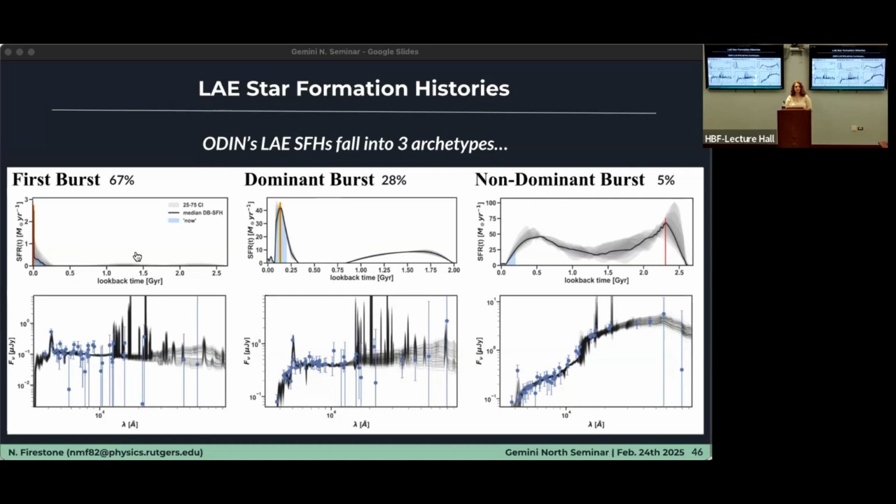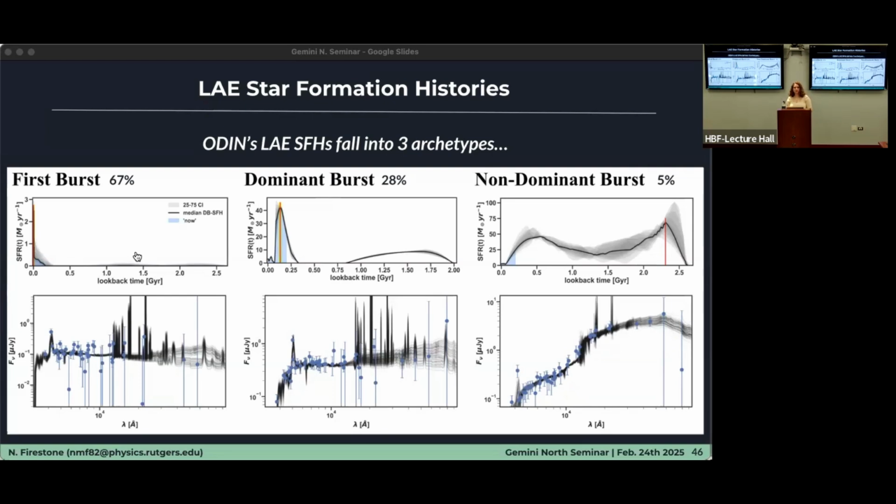And what this means is that they have a past burst of star formation that was comparable in amplitude. The star formation rate was comparable in amplitude to what we see in our first burst LAEs. So that being said, there is still the largest burst of star formation around the time of observation.